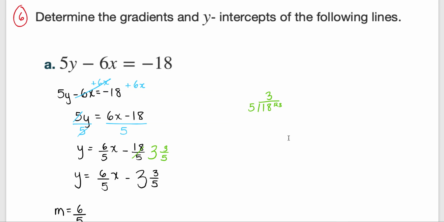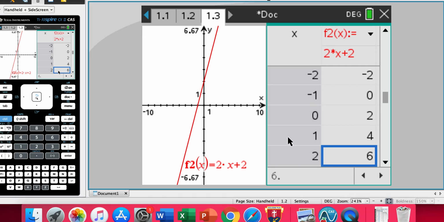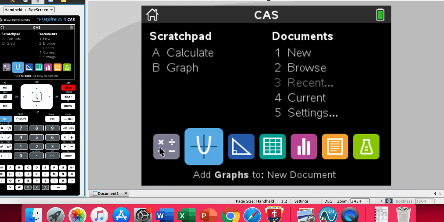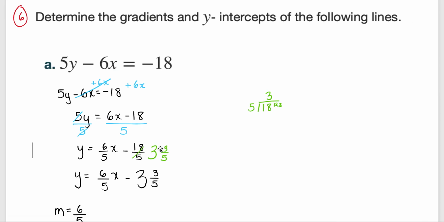So what I will do is, first, let's go home and open the calculator. Wonderful. And we're going to enter that formula here.